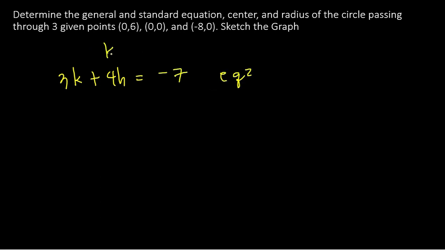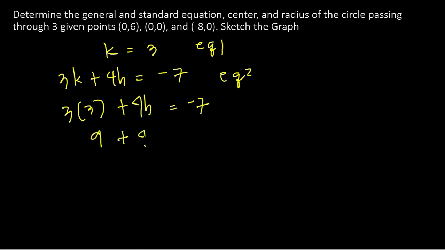Equation number 1, we have k is equal to 3. Pwede na natin agad i-substitute si 3 dito sa ating equation 2. So we have 3 multiplied by 3 plus 4h is equal to negative 7. So we have 3 multiplied by 3, 9, plus 4h is equal to negative 7. So we have 4h is equal to negative 7.